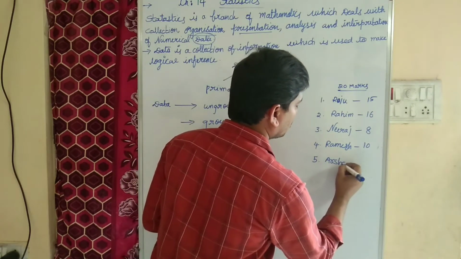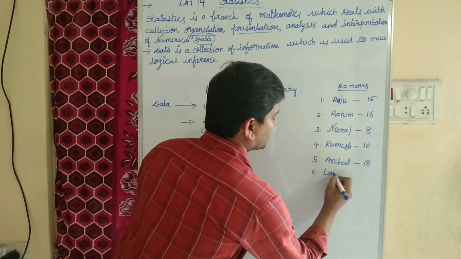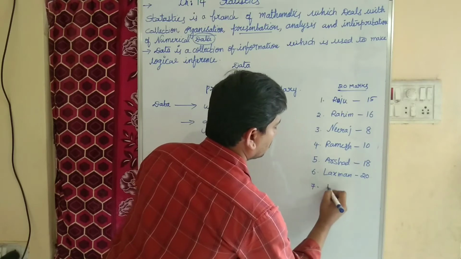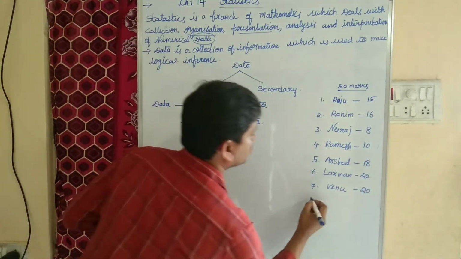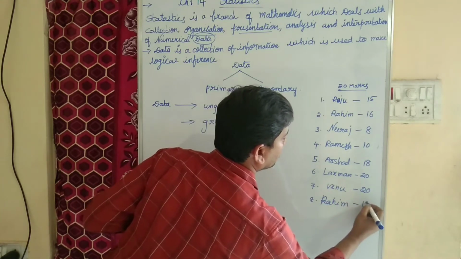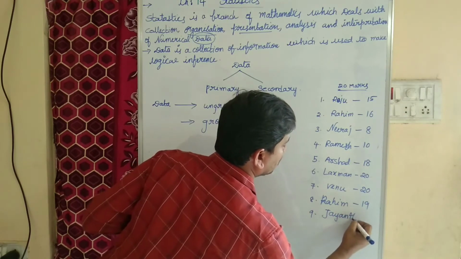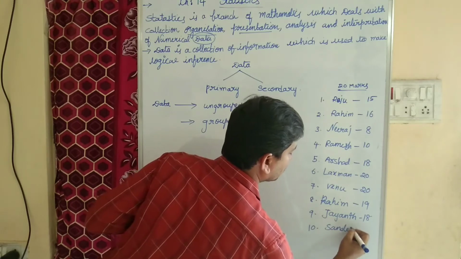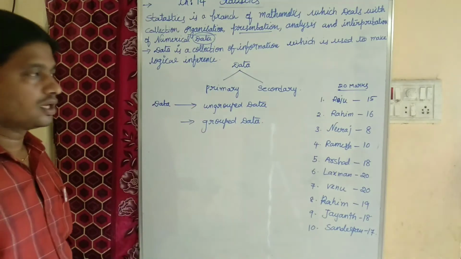Arshad got 18 marks. Lakshman got 20 marks. Venu got 20 marks. Rahim got 19 marks. Jayant got 18 marks. And Sandeepan got 17 marks.